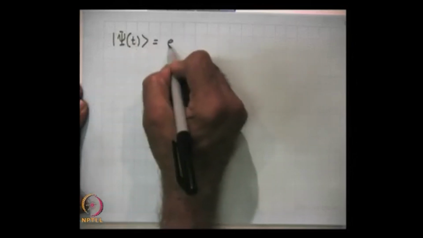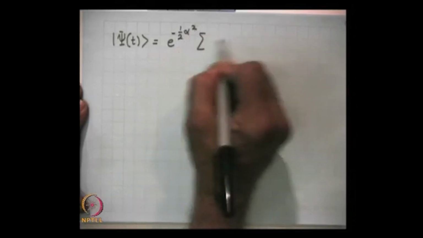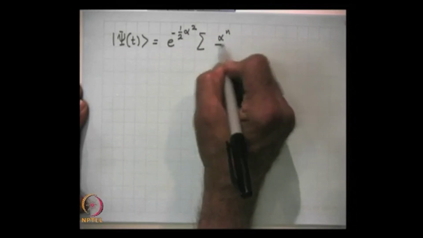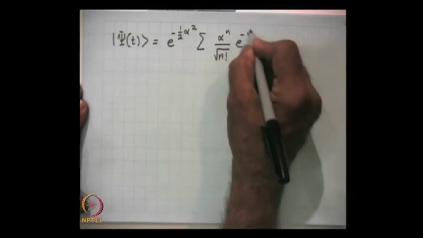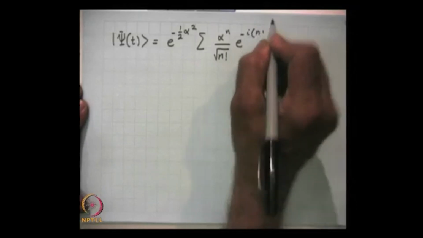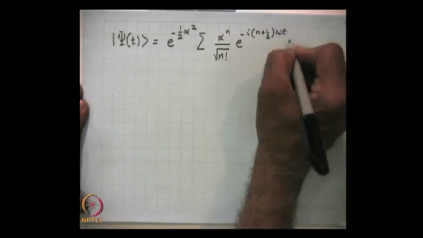So let me rewrite this again. First I rewrite the time evolution of the coherent state. psi of t is equal to e to the power of minus half alpha square, summation over n, alpha to the n by square root of n factorial, e to the power of minus i n plus half omega t, ket n.